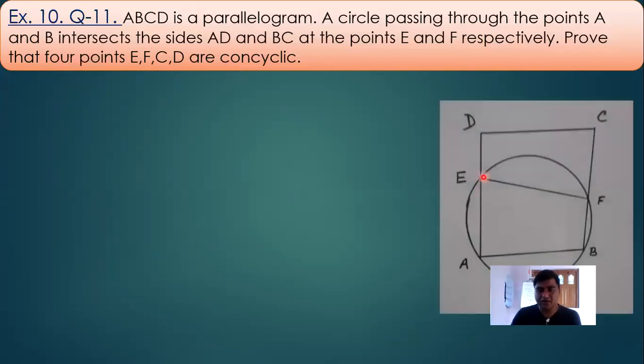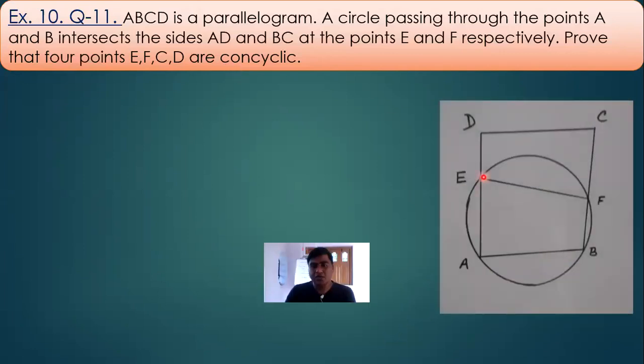This is our figure. ABCD is a parallelogram, and we draw a circle passing through A and B, which intersects AD at the point E and BC at the point F. Here we prove that E, F, C, D are concyclic.